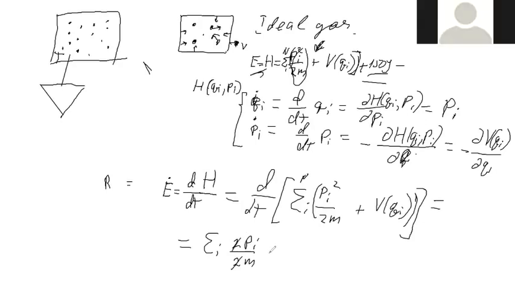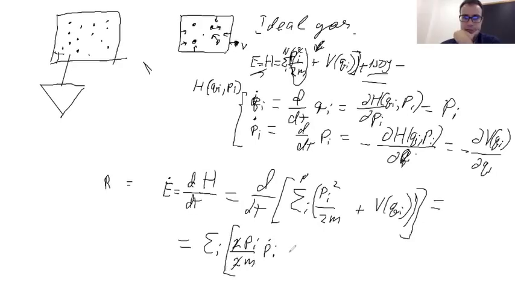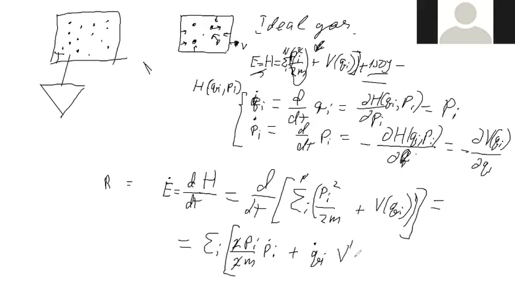Pi dot over m, exactly, yeah, chain rule. What do I get here, Boris? Qi dot, Qi dot times the derivative of V inside.